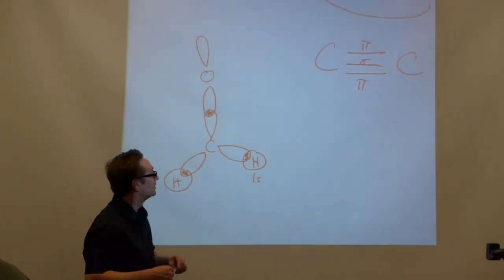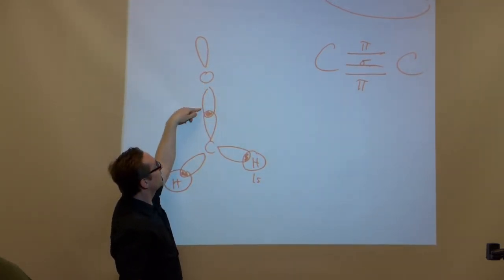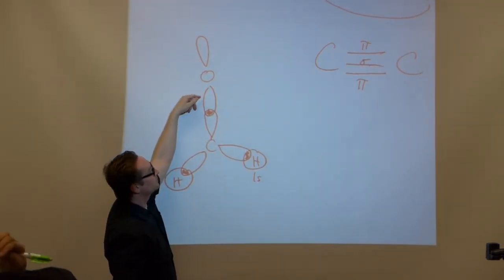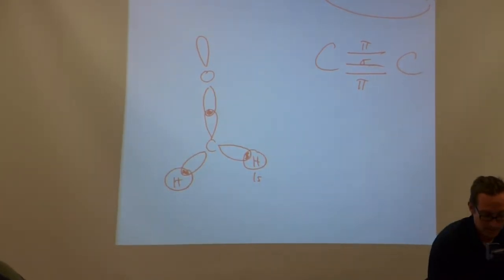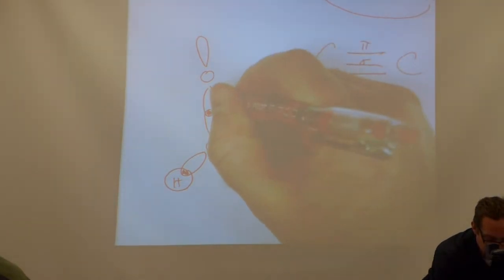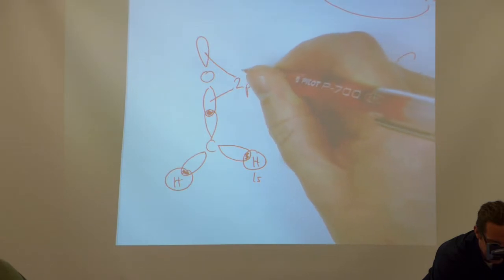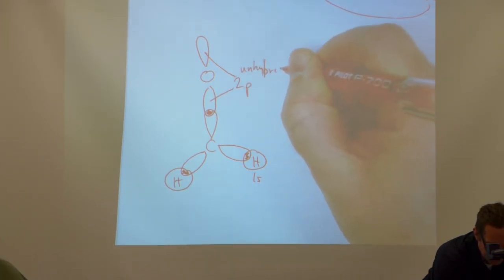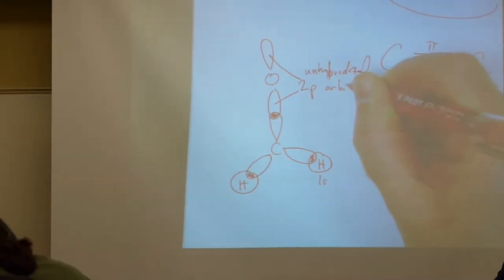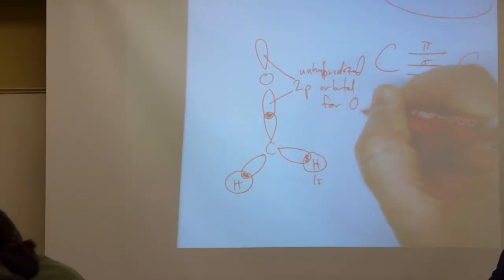So why do I have circles here, but for the oxygen I have 2 lobes? Why is that? These 2 lobes together make up the unhybridized 2p orbital for oxygen.